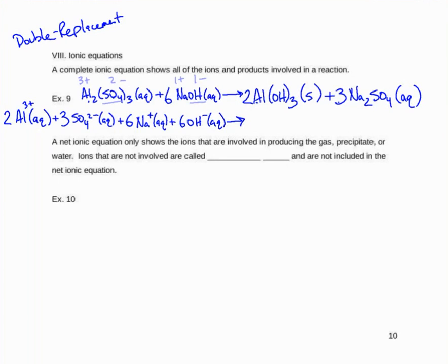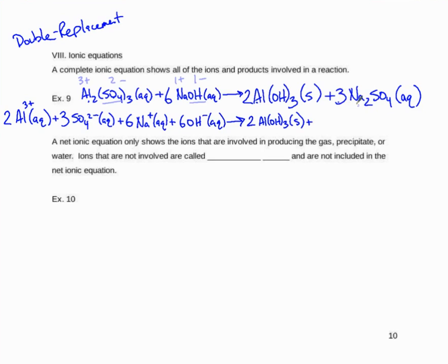Now we're at aluminum hydroxide. Aluminum hydroxide is a solid. It has not dissociated. It is not aqueous. We are not going to divide this up. So here we're going to write 2 aluminum hydroxides solid. See how different? And then we go on. Plus, look at this.